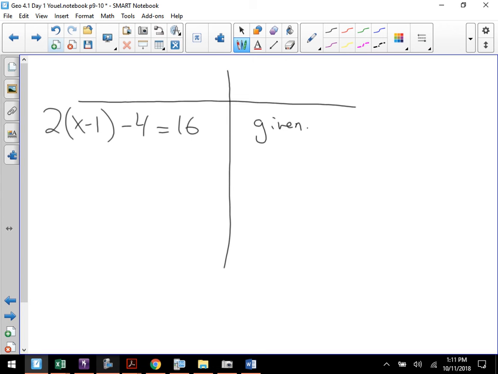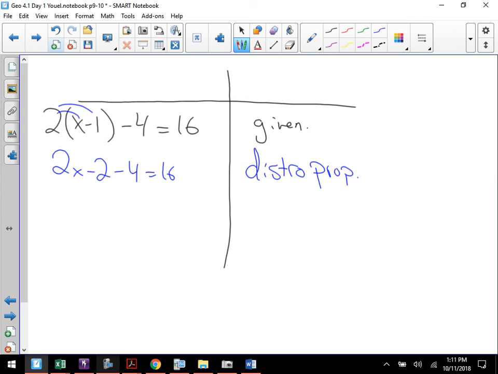What would you do first here? Does it matter which one you did first? It doesn't matter, no. Most people in this one, they see distributive property, and they just use that first. So what you guys have been doing is you would just show that you're doing that, and you'd write 2x minus 2 minus 4 is 16, and your reason was distro prop.